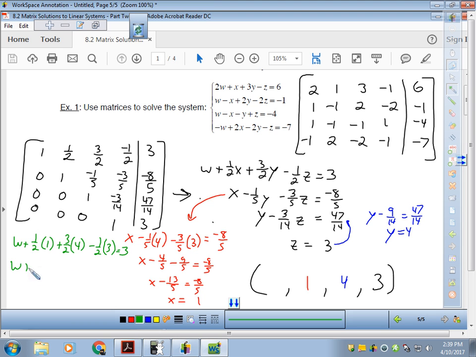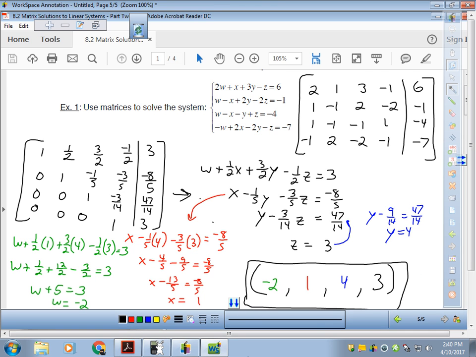So w plus 1/2 plus 12/2 minus 3/2 equals 3. 1/2 plus 12/2 is 13/2. Minus 3/2 is 10/2, which is the same thing as 5. So then move the 5 over. 3 minus 5 is negative 2. And so there is our answer for that system of equations.